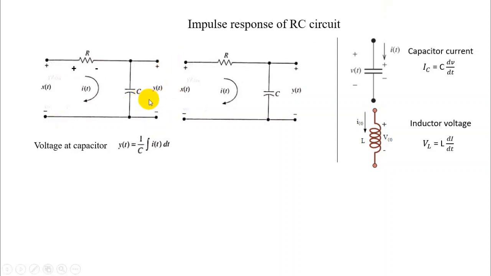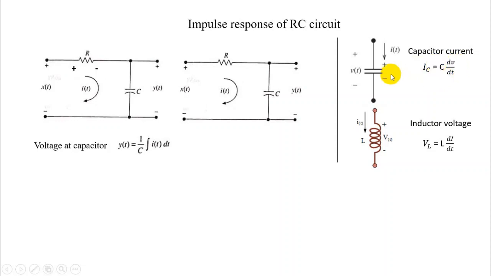So how could we determine the voltage across the capacitor? We should apply this law. These equations are the same, because when we have to determine the voltage, after taking the integration of both sides, we get the voltage across the capacitor.